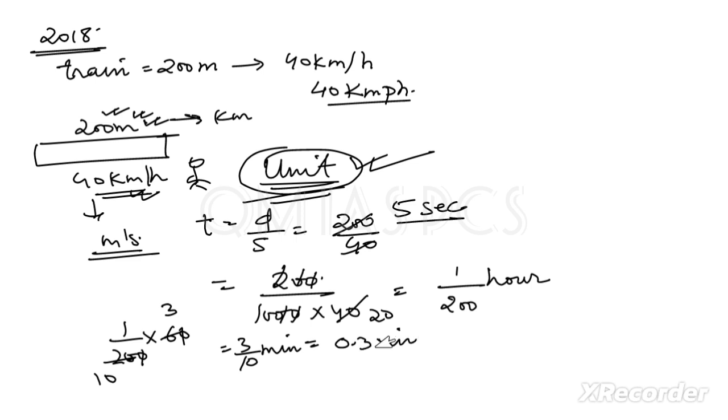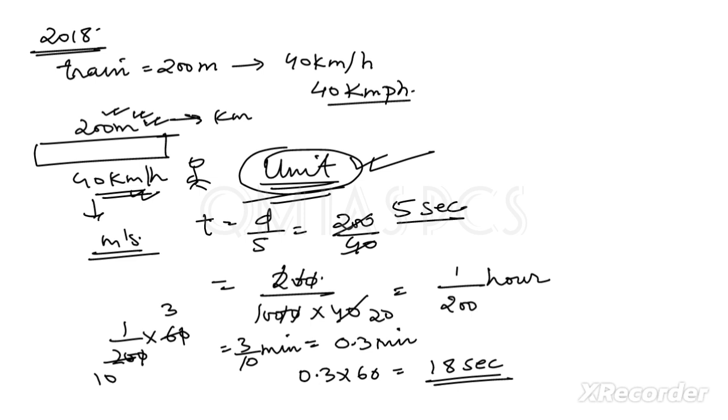Now if the answer is in second, multiply 0.3 into 60, so it will be 18 second. So it's your choice based on the options. If it is in second, minute or hour, you can solve based on this. Are you getting the solution or not? It's a very basic thing, you should understand this.